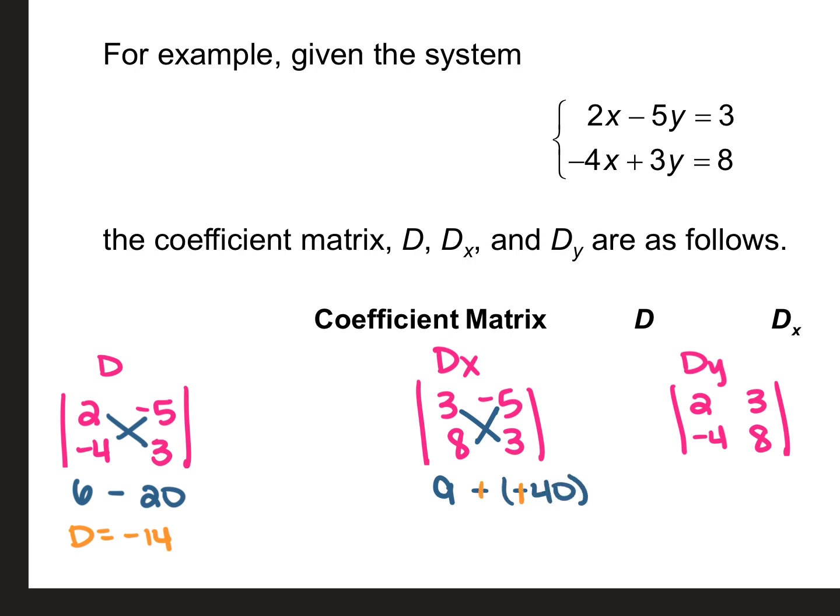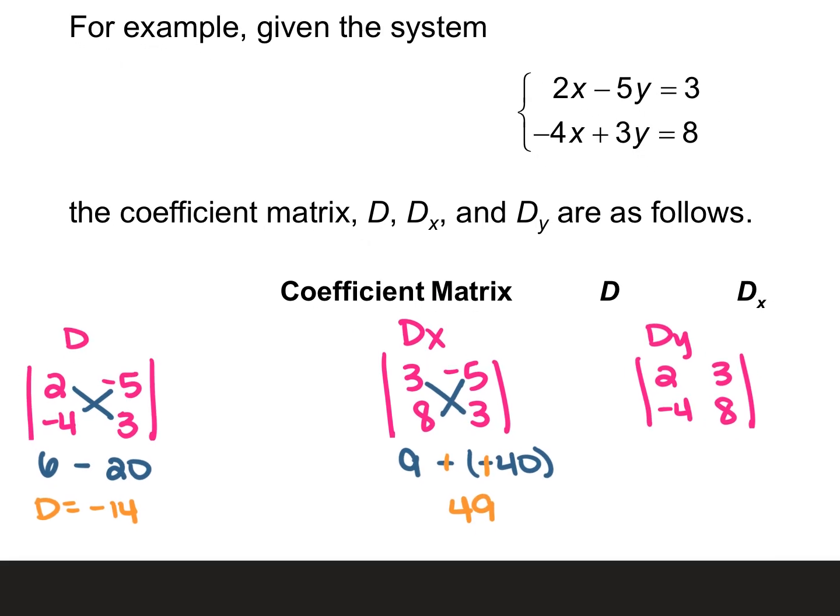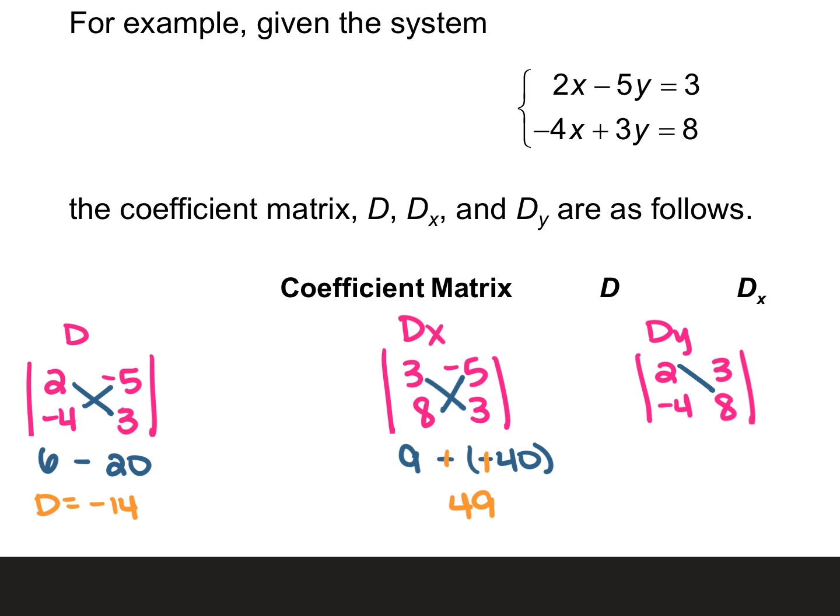Double negatives turn into positives. This gives us 49. Your D sub y, cross multiply 2 times 8 is 16. The negative 4 times 3 is negative 12. This becomes addition to give us 16 and 12, which is 28.